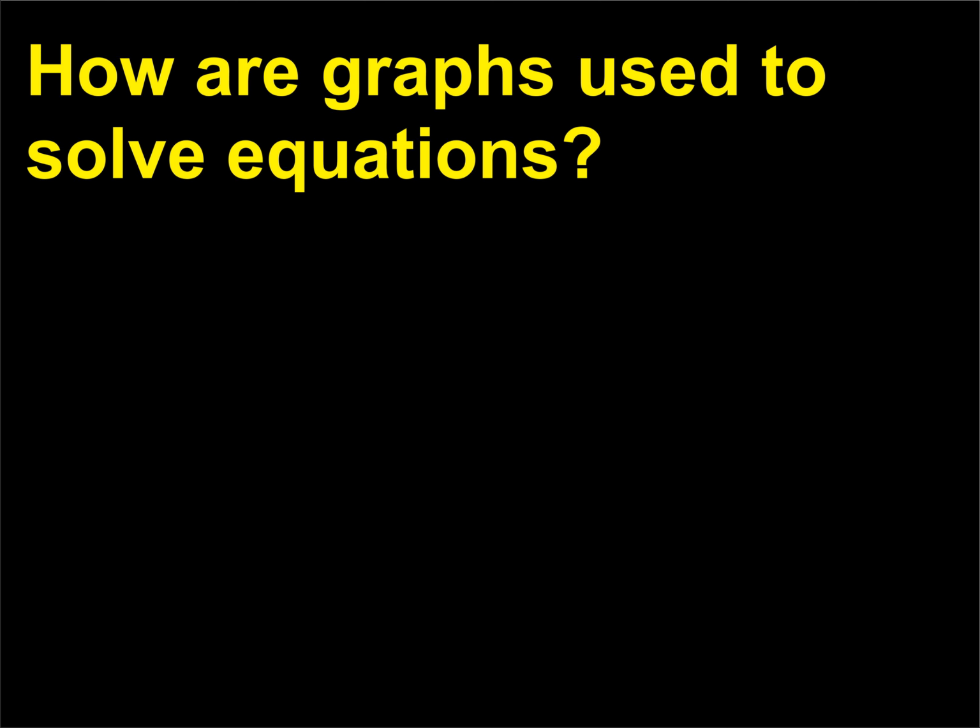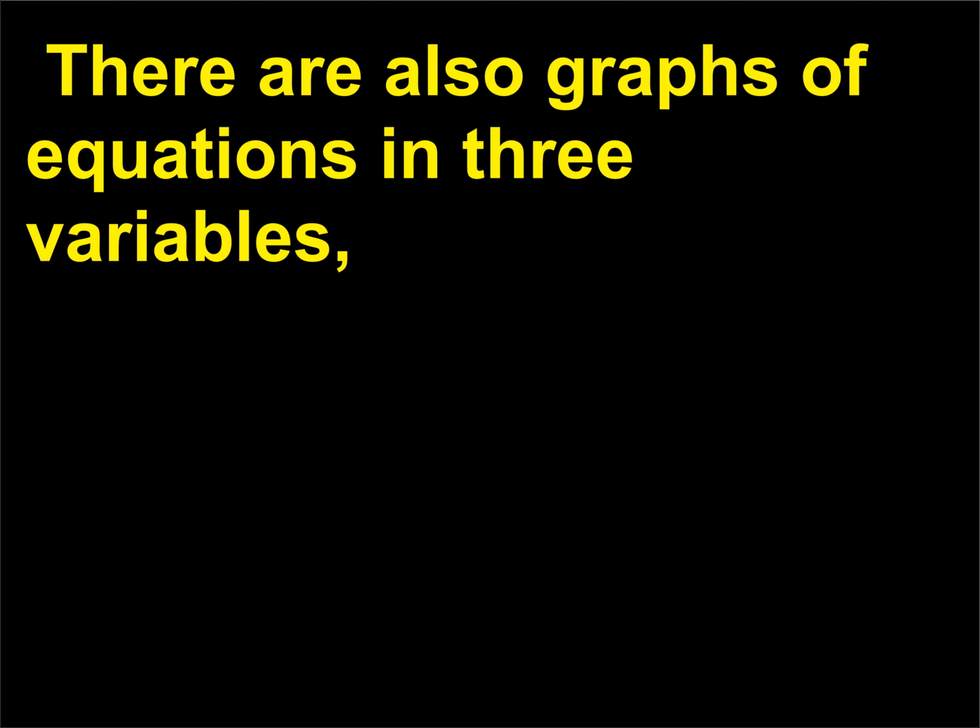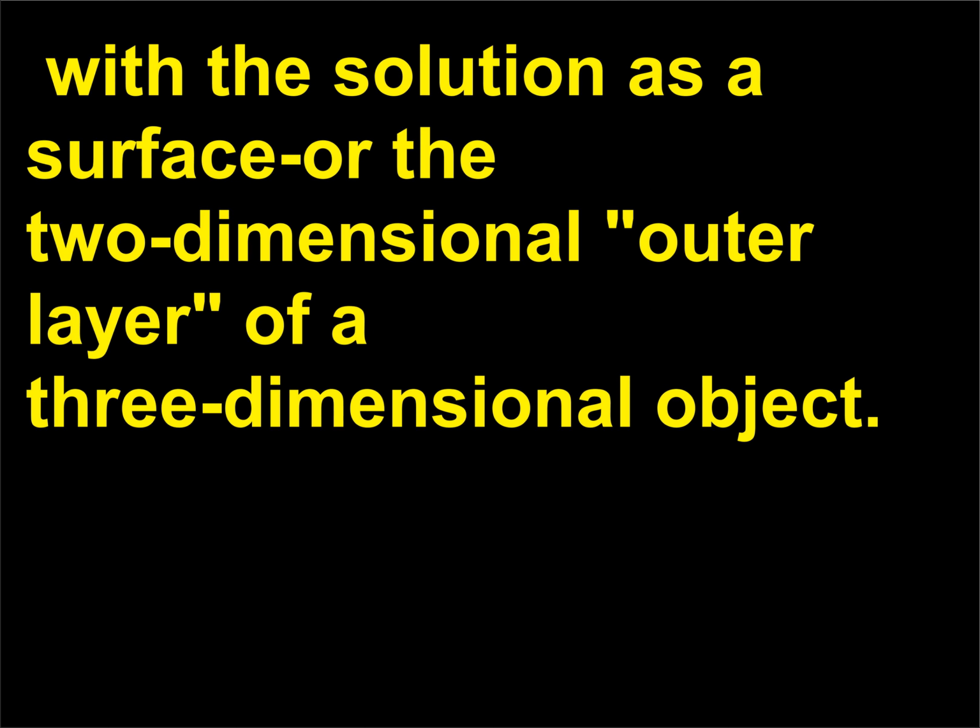For example, the equation 3x plus 4y equals 8 is also called linear because the solution represents a line, which is considered a curve in function geometry, on a graph. There are also graphs of equations in three variables, with the solution as a surface or the two-dimensional outer layer of a three-dimensional object.